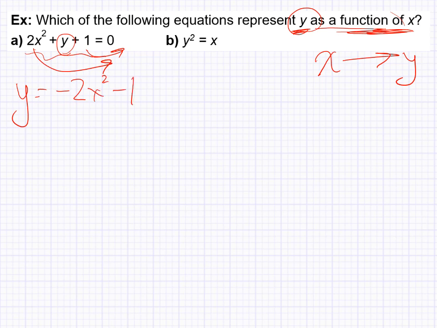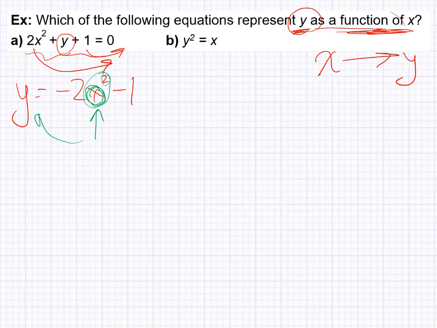And we would say, okay, well, for each x that we were to plug in here, would it give us one y output? Well, think about it. If you were to plug some value in here for x, what would you do? You would first square it. And when you squared it, you would get a single value out of that operation.